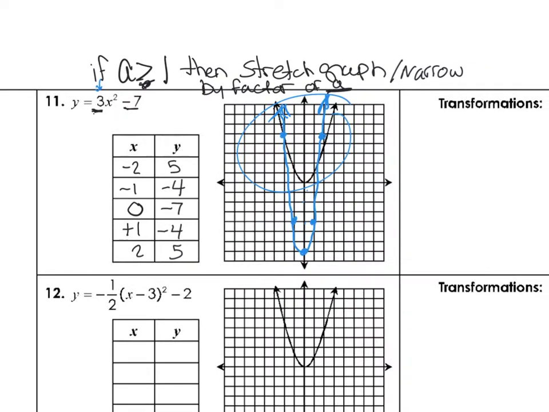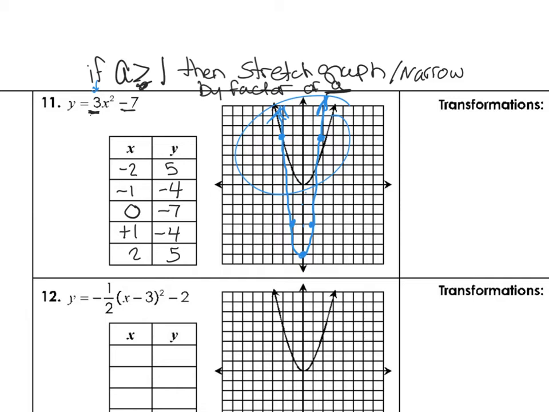So this graph, we didn't move left or right. The X tells me my left or right movement, my Y tells me my up and down movement, and then A tells me if it stretched, and it also tells me if it goes up or down, if it flips.